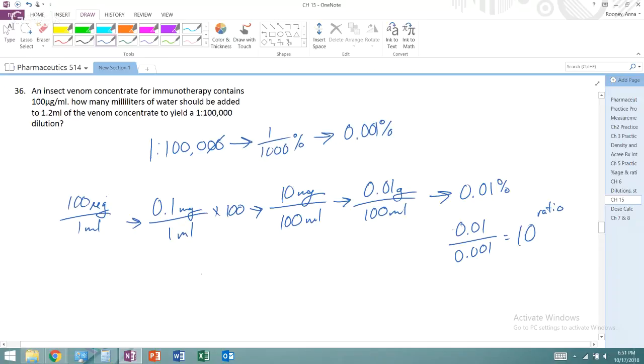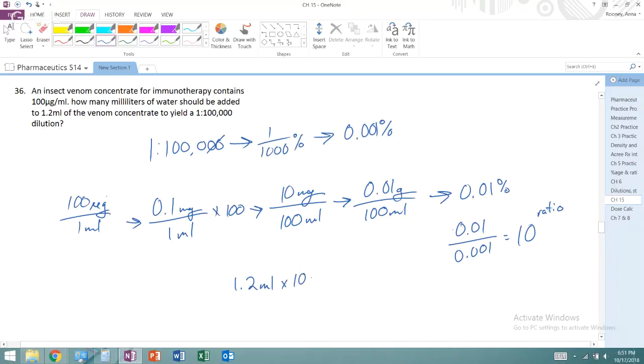So to get the current concentration to the concentration that we want, we need to add 9 parts. So of 10 parts, one of those is already made. It's 1.2 mLs.